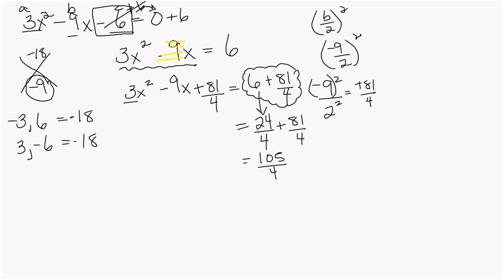It becomes 27 over... What's it become? Yeah, it becomes 27 over 4, because 81 divided by 3 is 27 over 4.